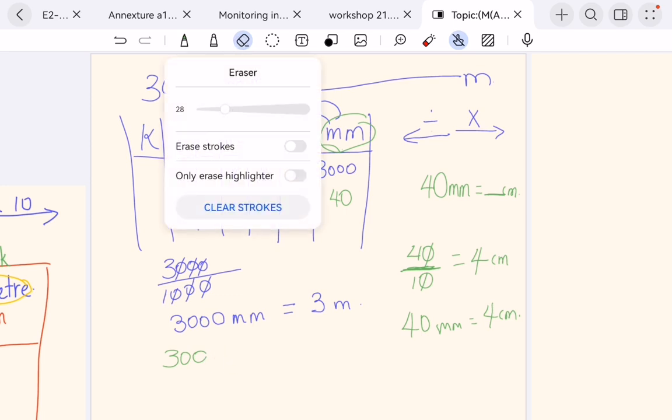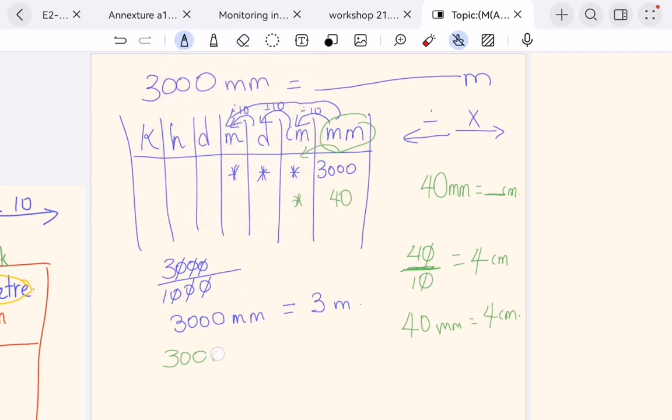Sorry about that, I've got 3,300 millimeters, and I want to find out how much this is in meters.